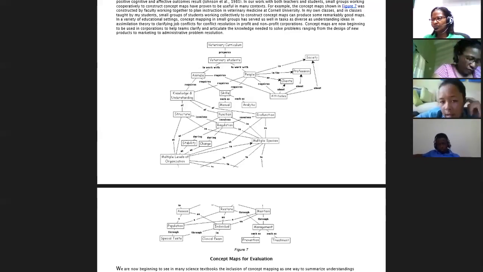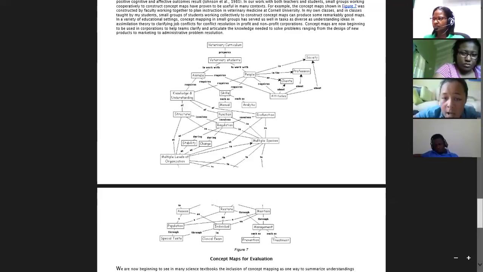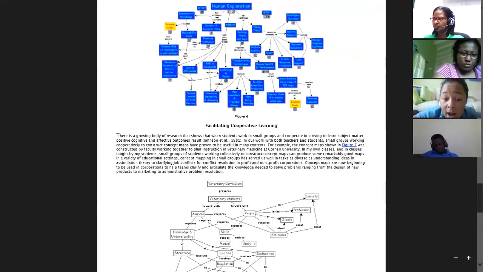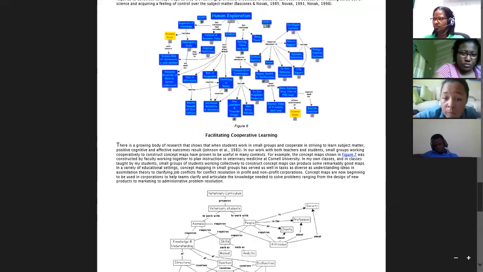It can be complex, but as long as the teacher, the educator, has a clear understanding of how to construct a concept map, as well as the theory itself or the concept being expanded on, then concept maps have been proven to be very useful.